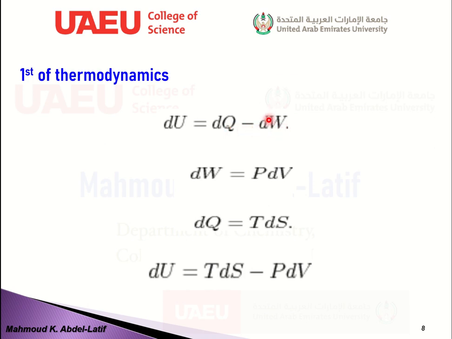It could be done by the system or done on the system. Okay, the work equals P dV and q equals T dS. If you substitute these two parameters into the first equation, you end up with dU equals TdS minus PdV. Okay, just remember this one.